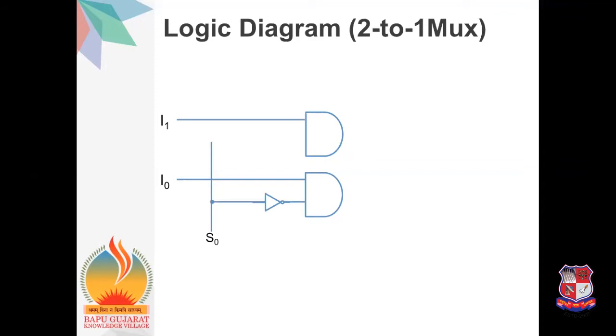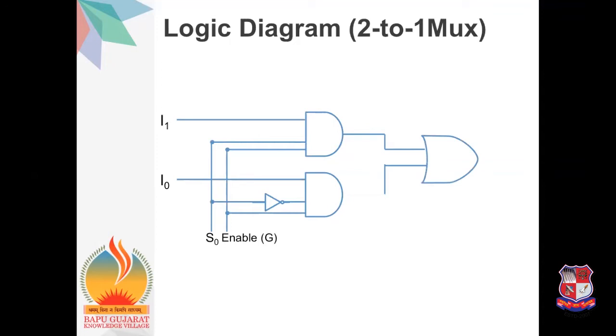And for the I1 input, we provide the direct S0 value. After that, we have to combine the outputs of these 2 AND gates by using a single OR gate, which gives the single output of the 2 to 1 mux.